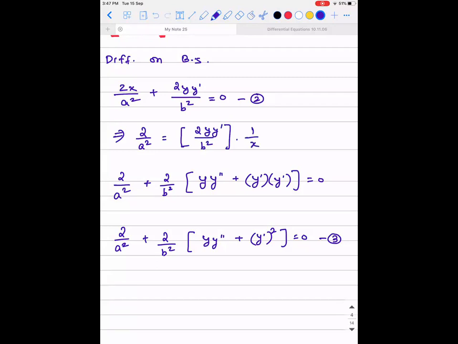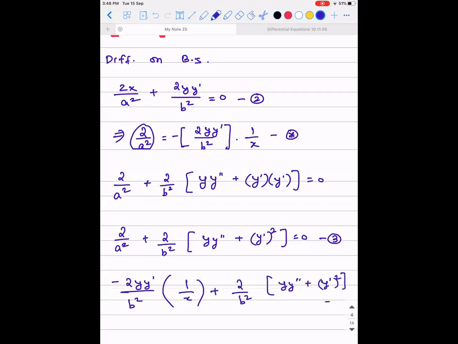Did you understand what I did? Yes, sir. Sir, will it become minus? Yeah, minus is there. Okay, so let me call this as star. So in the place of 2 divided by a square, what can I do? Minus 2y y dash divided by b square into 1 by x plus 2 divided by b square into y double dash plus y dash square will be equal to 0.